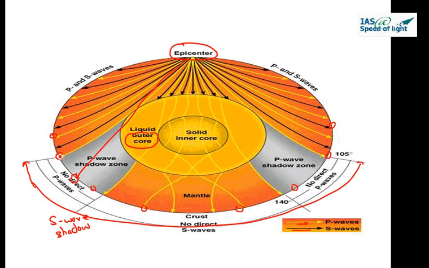Another thing which we know is refraction, the very basic concept, and how the speed of light or the speed of different waves differs in different layers or different densities. So waves change their speed from one type of material to another with different densities, and bend because of the change in speed. So there are two things: one is the change in speed of these waves, and second is the bending, or change in direction.